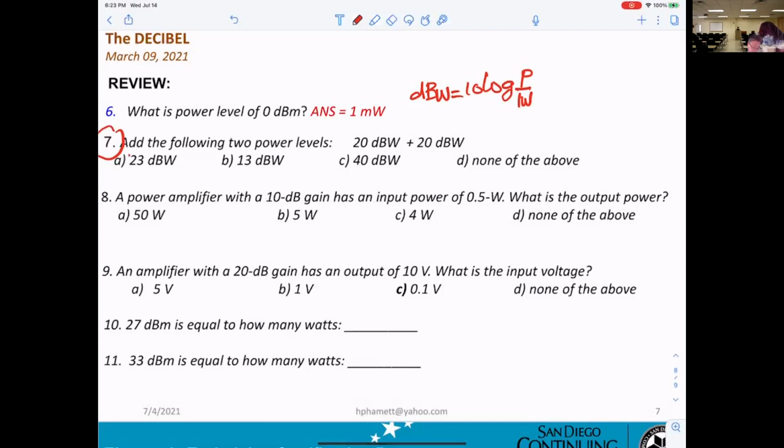One student got answer A. Who can clarify again? A, okay, that's correct, good. Okay. Number 7 answer will be A.